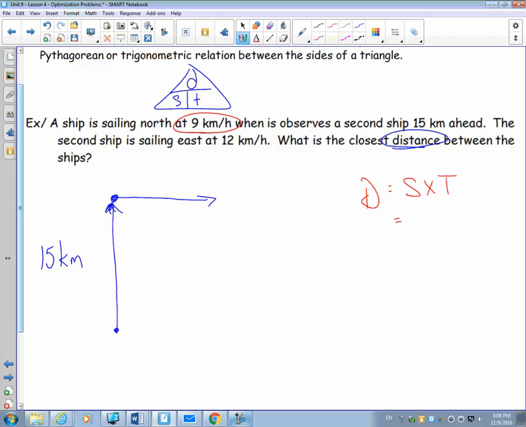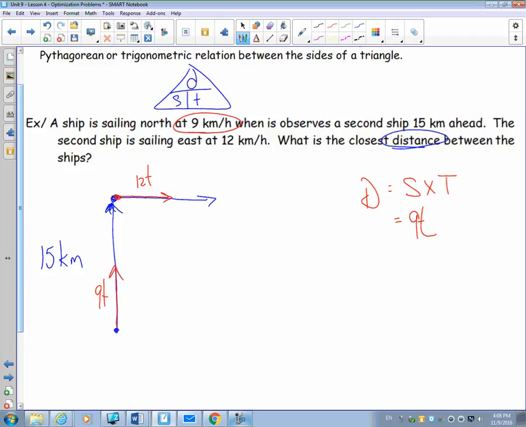It's moving at 9 kilometers an hour for a certain amount of time. So I'm hoping you guys would agree that this line is moving at a speed of, oops, not d, moving at a distance of 9t. And similarly, the second ship is moving east at, well, it's moving at a distance of 12t.